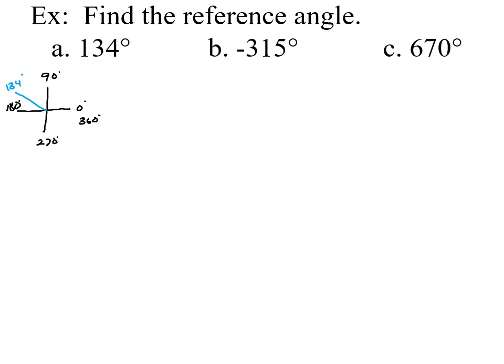And so that's in quadrant 2. So in quadrant 2, the reference angle is 180 minus the angle. So our angle is 134. So I just have to do 180 minus 134 to get a reference angle of 48 degrees.